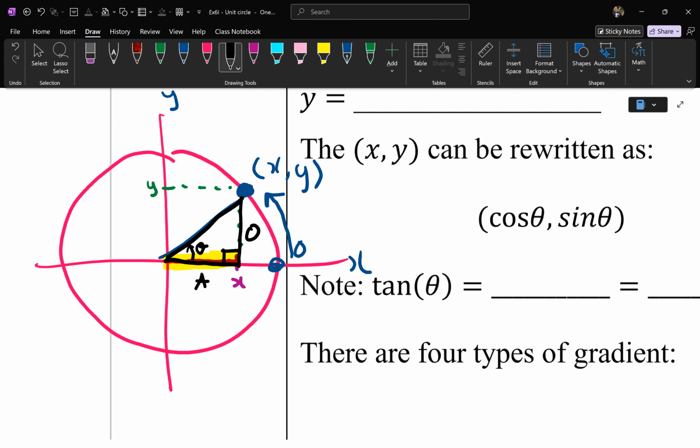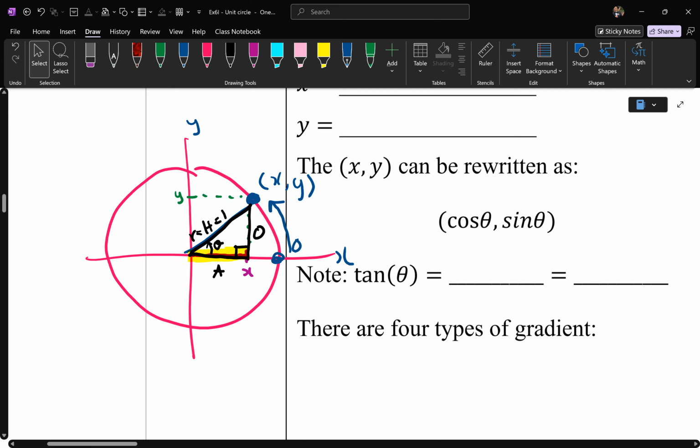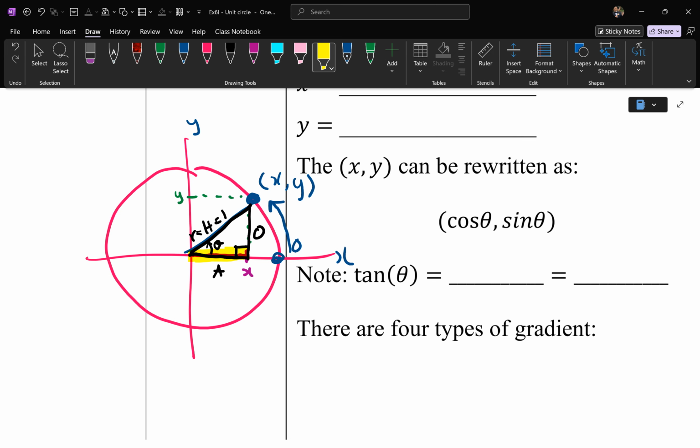So hypotenuse equals 1. So radius equals 1. Now this is really special because if I asked you to find that x coordinate, because if I asked you to find the x coordinate, so how far is this?